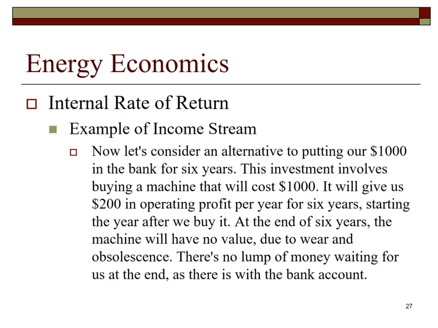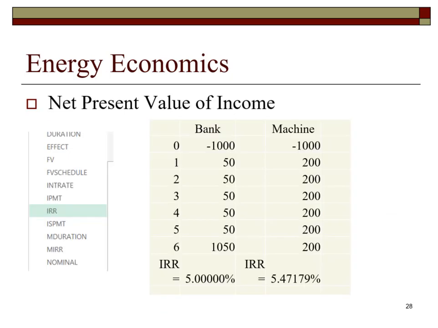This explains the investment in the equipment and the $200 per year return. The cash flow and the internal rate of return is shown for both cases. Excel was used to calculate the internal rate of return.